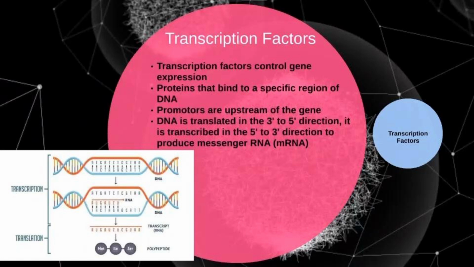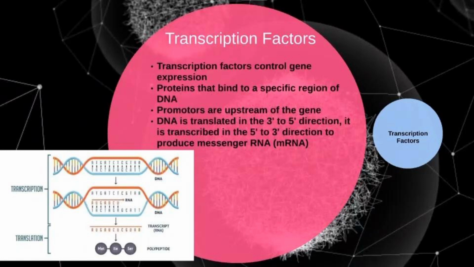So what we're going to talk about today is how the expression of different genes is regulated, and we call this transcriptional regulation. Transcription factors control gene expression, and transcription factors are proteins that bind to specific regions of the DNA. As I just said, DNA becoming RNA is transcription, and this is done by an enzyme called RNA polymerase, because that makes mRNA from the DNA strand.